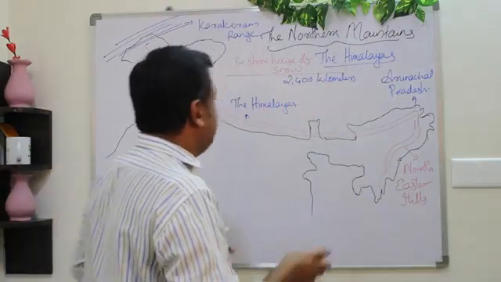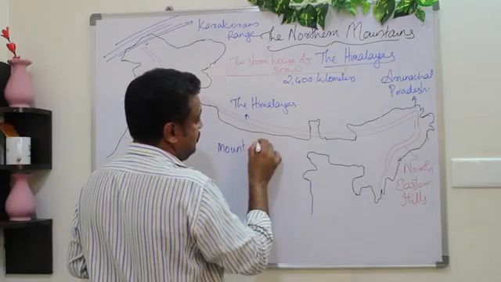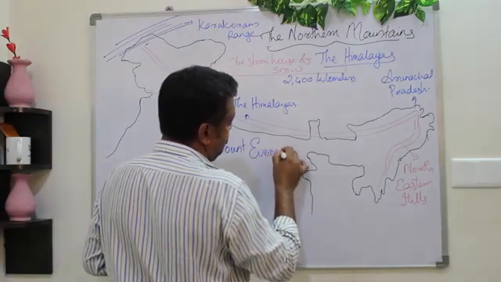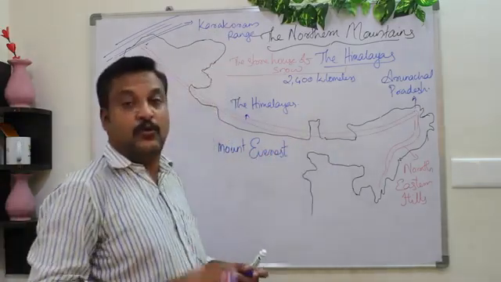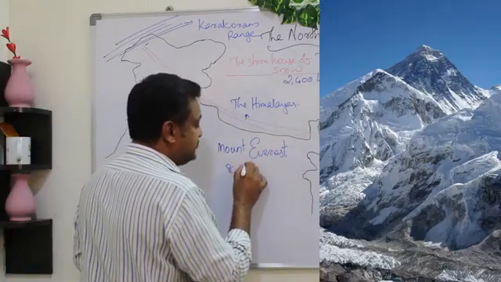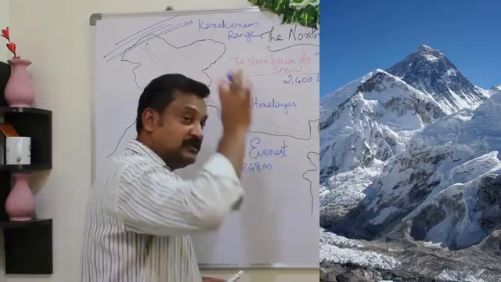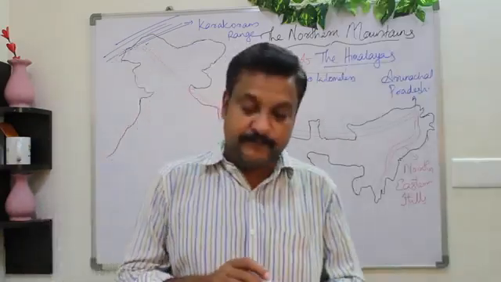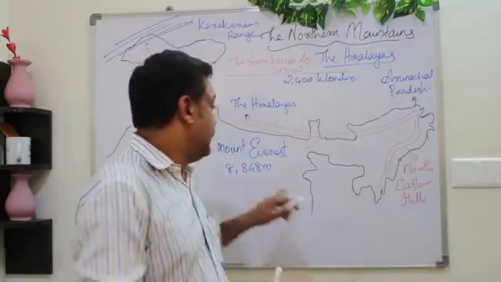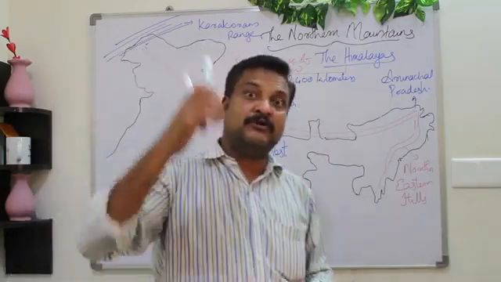Yeah, the highest peak in the world is Mount Everest. Okay, what is the height of Mount Everest? It's 8,848 meters above the sea level.